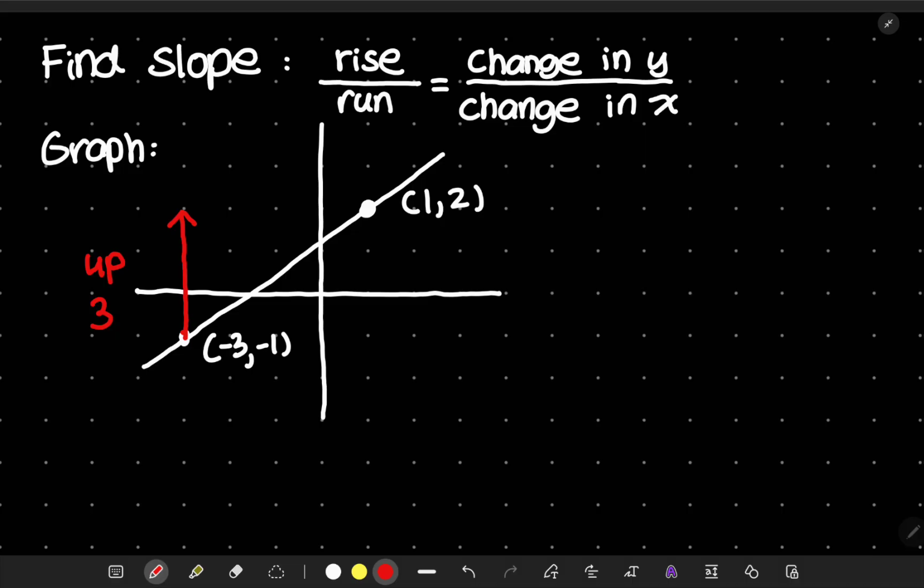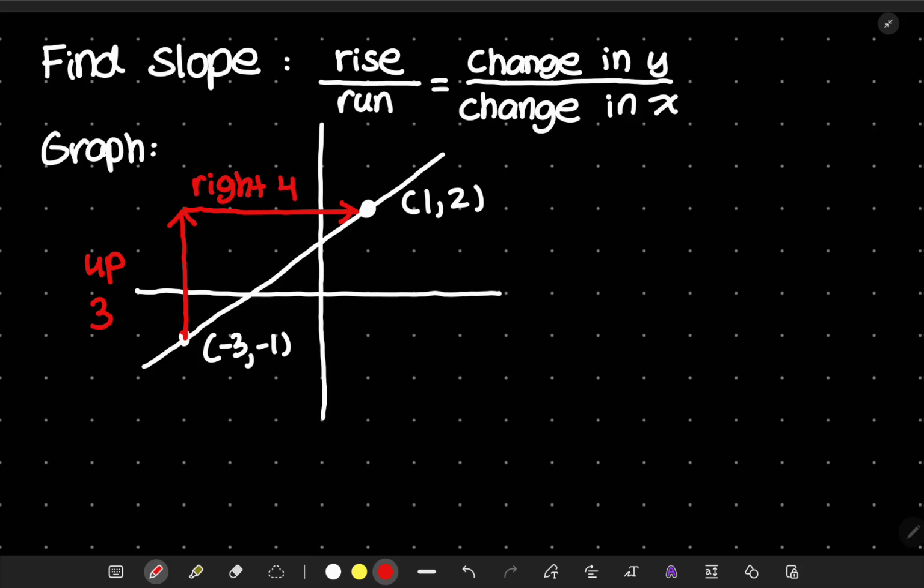So now that it's going to go up 3, I'm going to ask myself, since I'm at this arrow and where it's pointing, I want to now go to the left or to the right. So I'm going to look here and I can say, oh, I'm going to go to the right. I'm going to count how many times I went to the right, and it seems that I went to the right 4.